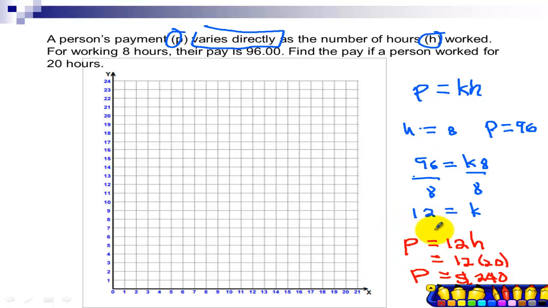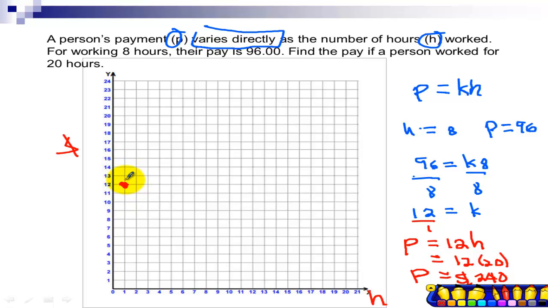So when you graph this one, we have P equals 12H. So this is our pay, for example, and this is the hours. So the slope is 12, that's 12 over 1. The slope is 12 over 1, so we just have to count 12 units up and 1 to the right.